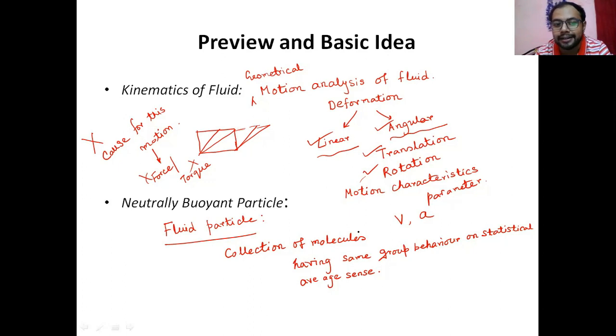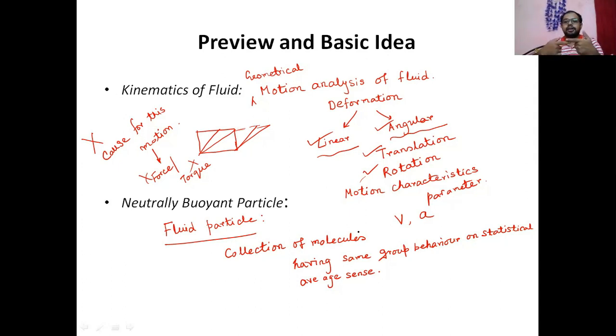This kind of particle is known as the neutrally buoyant particle. So the fluid particle has the same density as the flow.